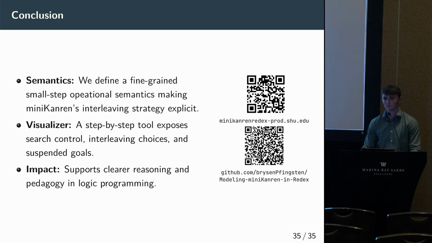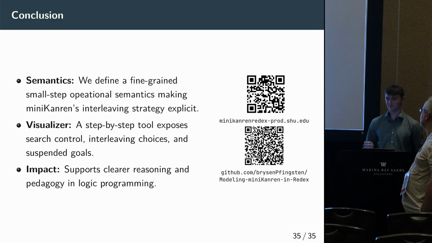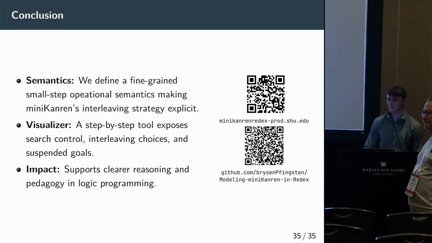Any thoughts about that? Yeah, so right now our disjunctions are just binary. So there's only left and right. So are you suggesting an arbitrary number of tracks? Yeah, that could be interesting. I don't know what to say much about it, but yeah.